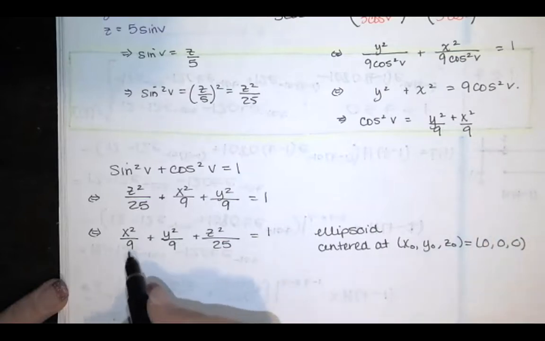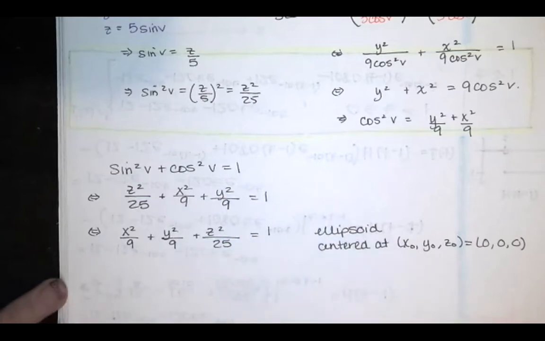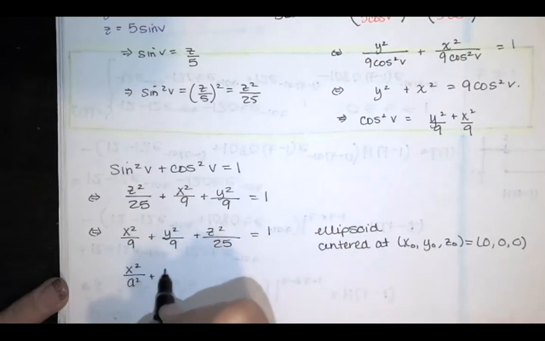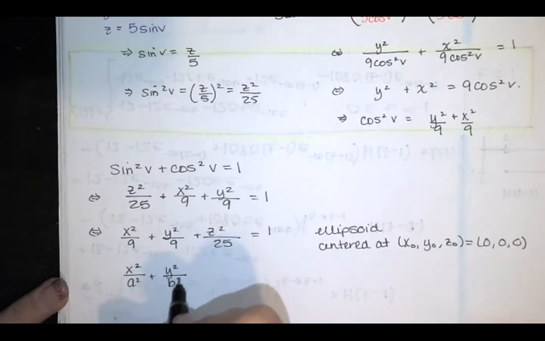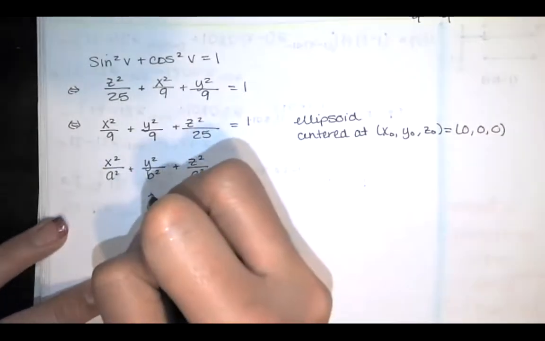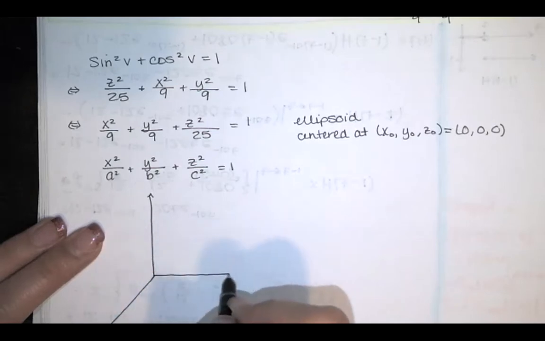And then these numbers that are squared in the denominator, they tell us how far to go in the x, y, and z directions from that center. So typically we would say this is x squared over a squared plus y squared over b squared plus z squared over c squared equals 1. And we can use that to graph this.